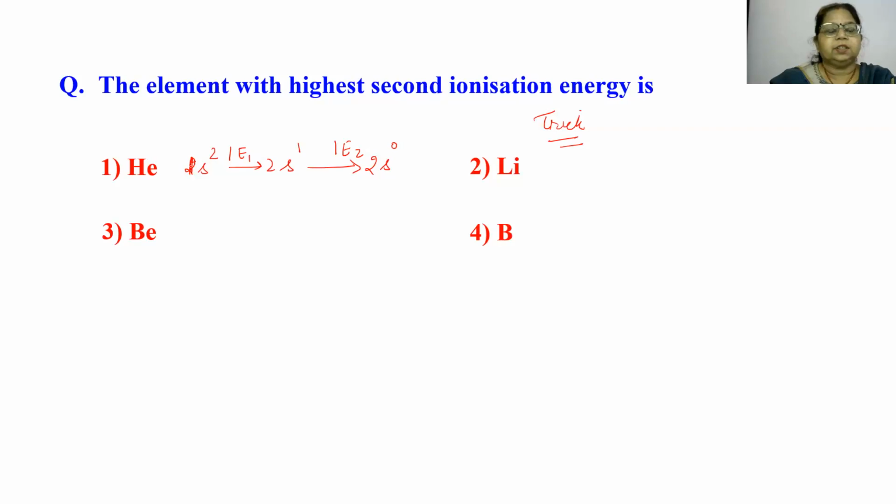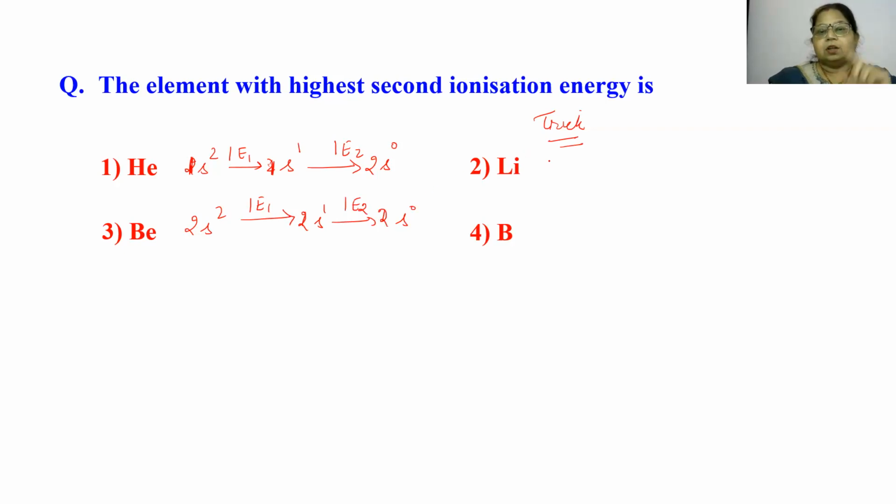For beryllium, we write 2s2, giving out one electron to become 2s1, give out one more electron, become 2s0.